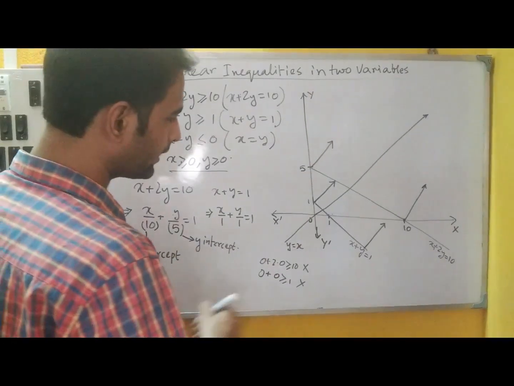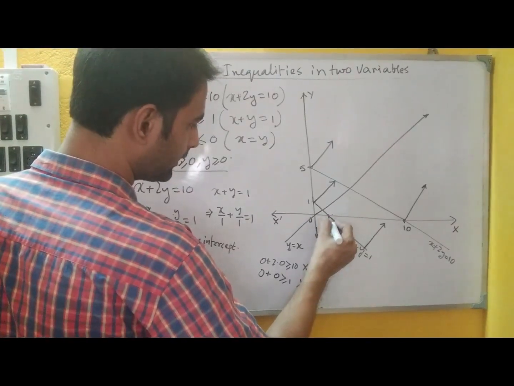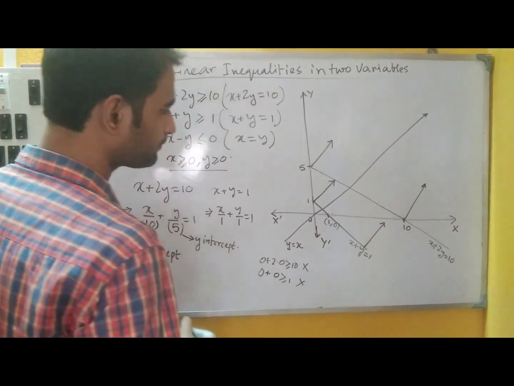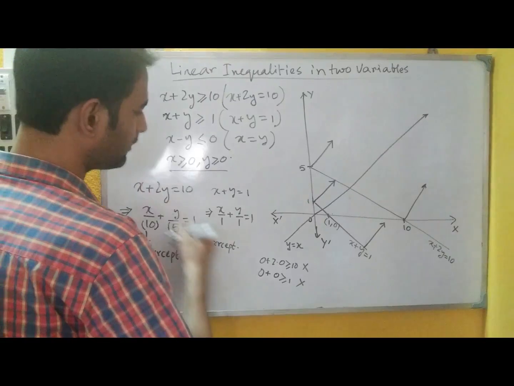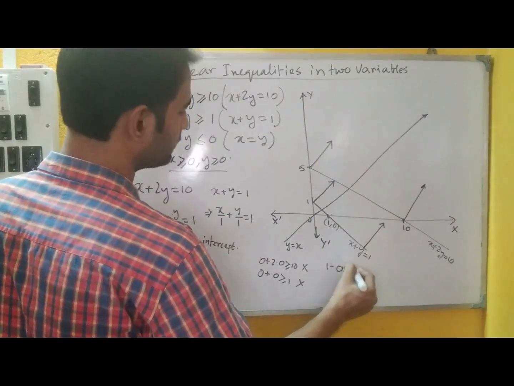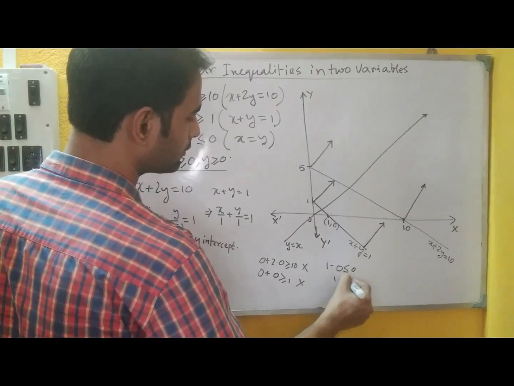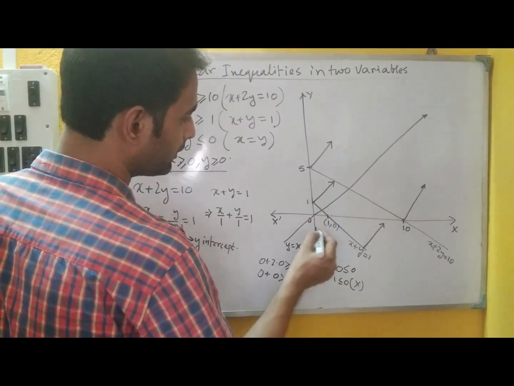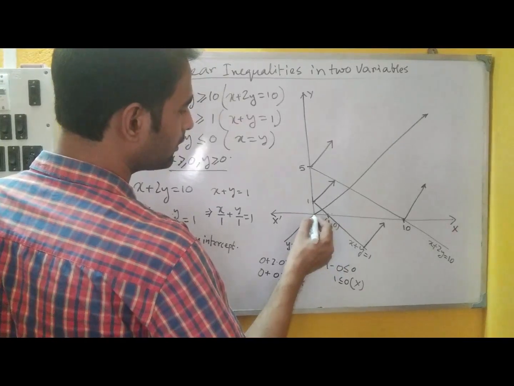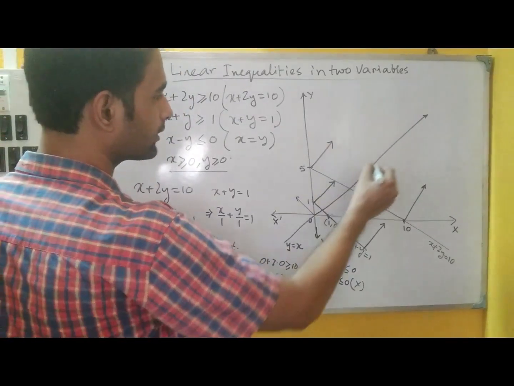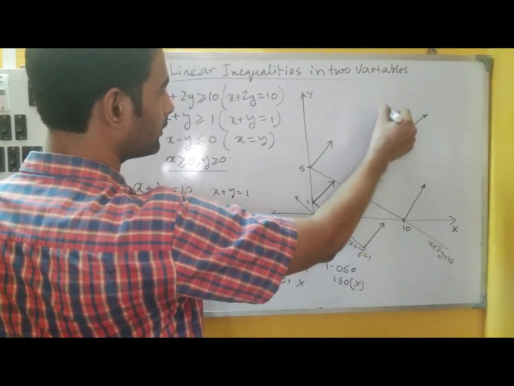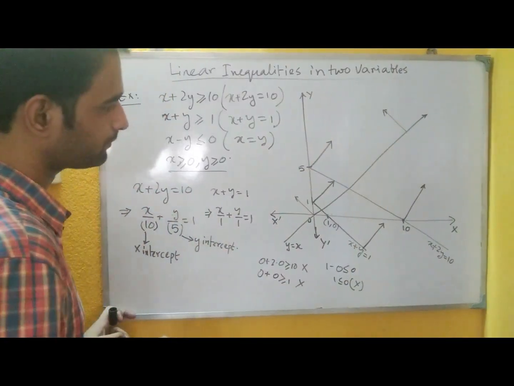So we have to take another point like 1, 0. If you put it here, 1 minus 0 less or equal to 0. That means 1 less or equal to 0, it is false. So this point is not in the solution. The solution will be in the opposite direction of the point 1, 0.